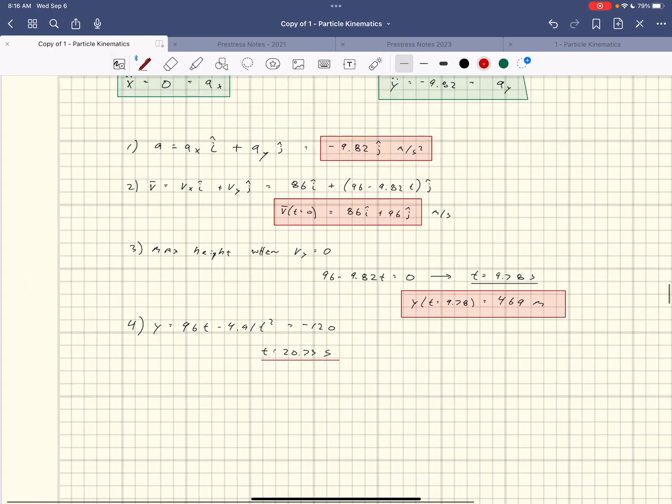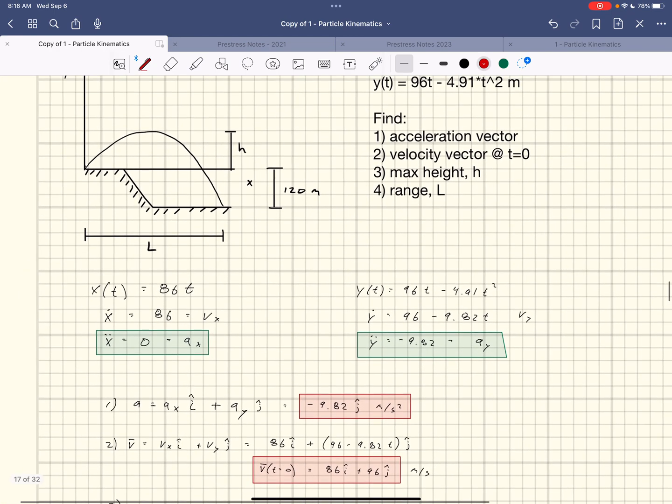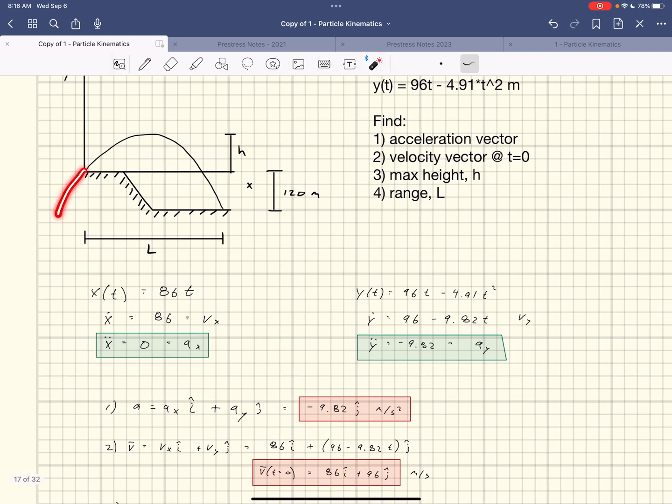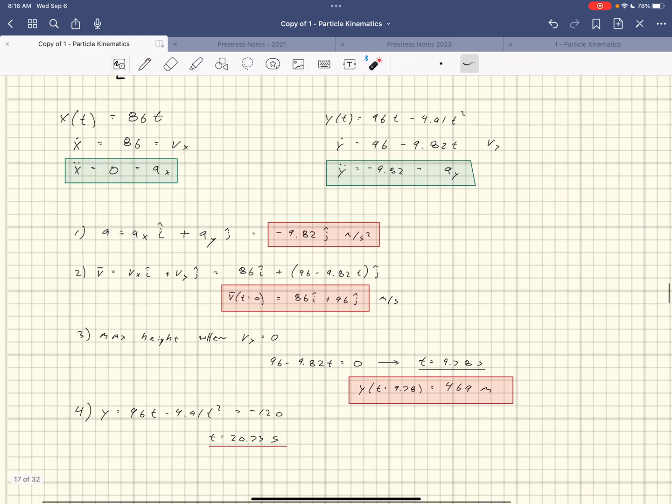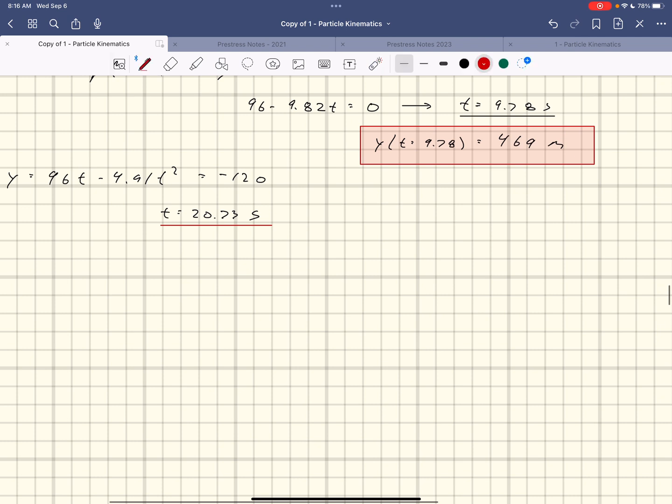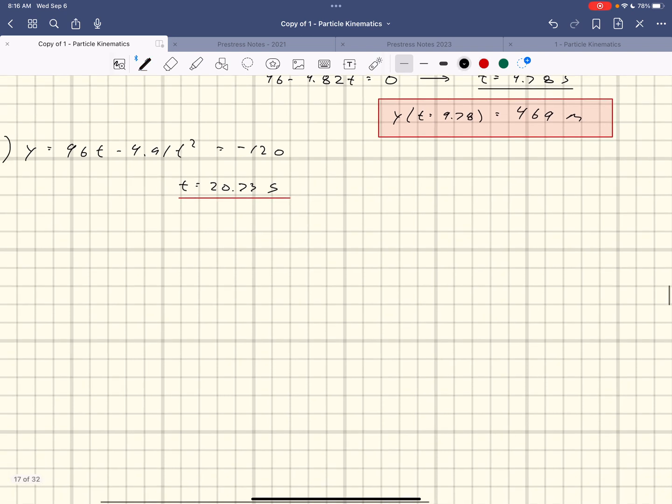The negative time would be this way, if this thing kept going in this direction. And so you get 20.73 seconds. I plug that right into my calculator, and out pops 20.73 seconds. Then I come back and say x of t equal to 20.73. And what you get out of that is 1783.